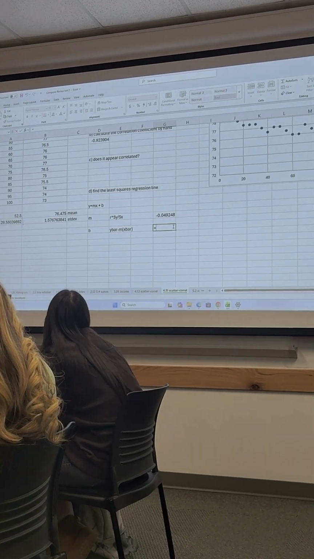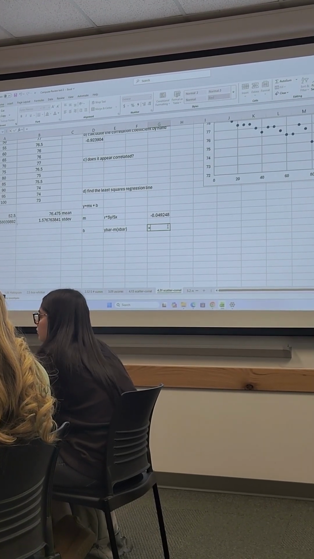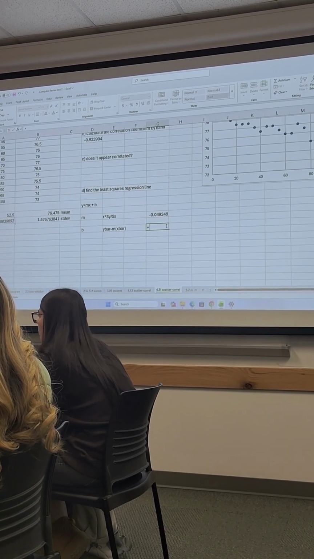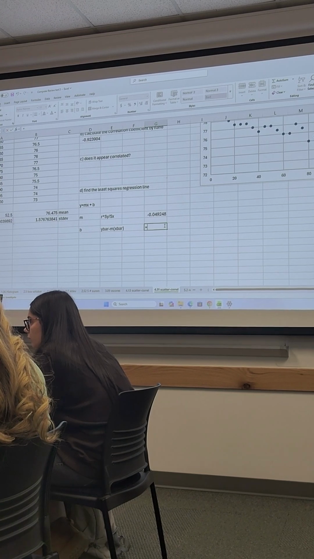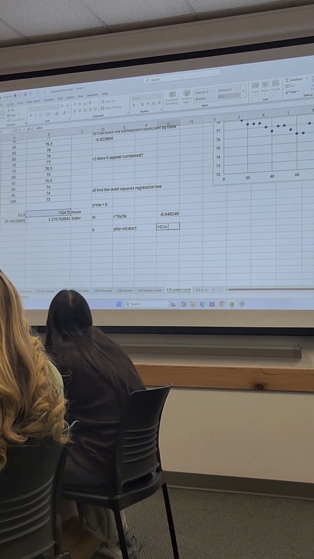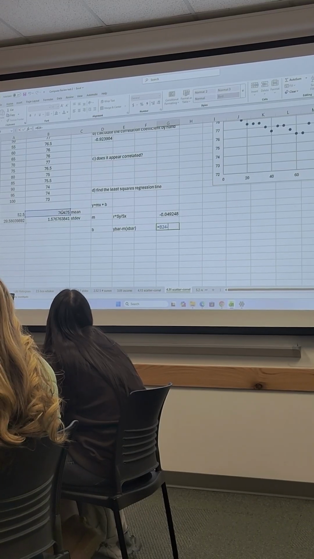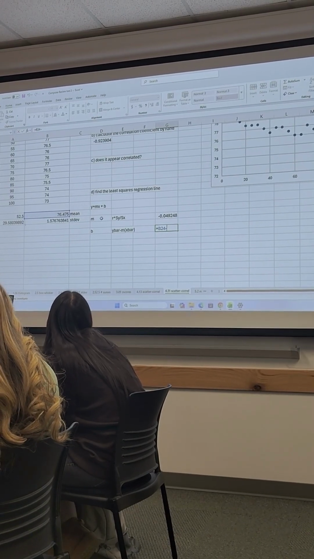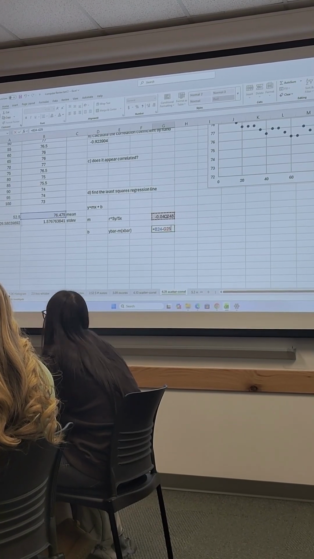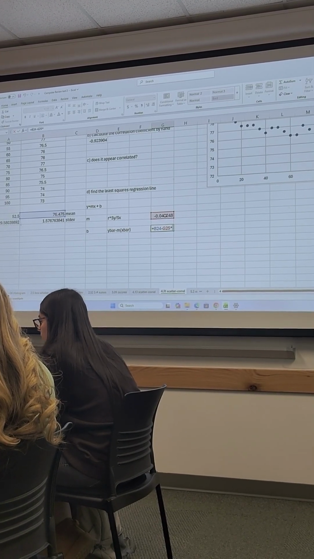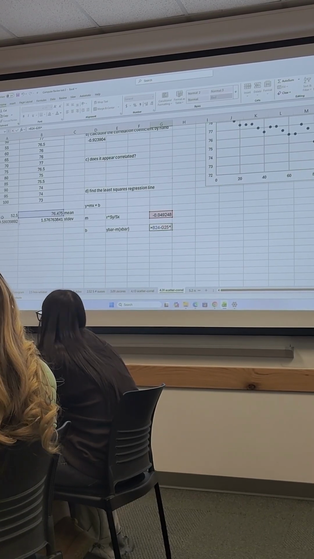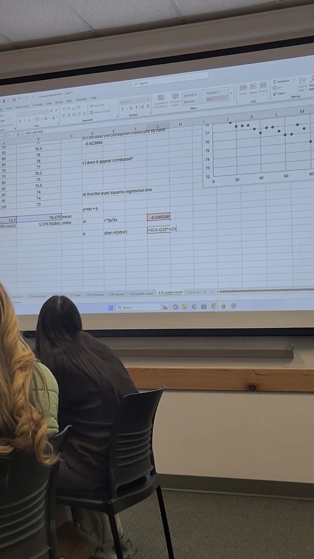Now that they're properly labeled, my y bar is 76, minus my slope, the slope I just calculated right here, negative 0.049, times my x bar.